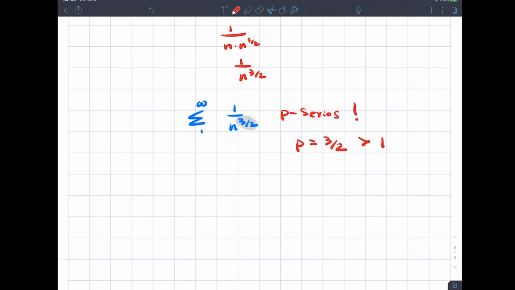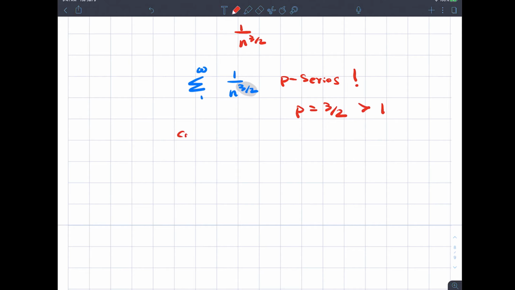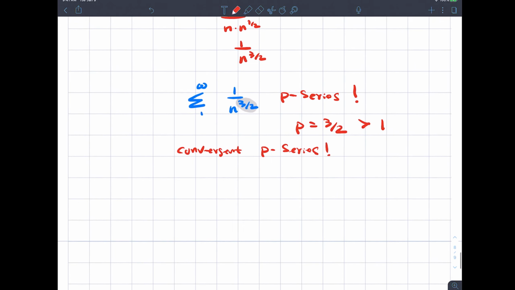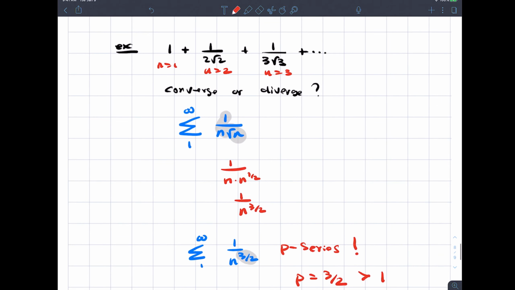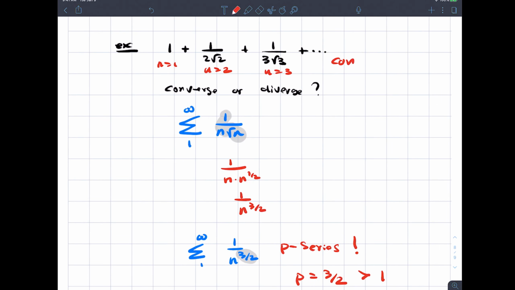The answer is yes. So this is a convergent p-series. I don't have to integrate. If you recognize a p-series and you know when it converges and diverges, use that information. So this is a convergent situation, and we answer the question.